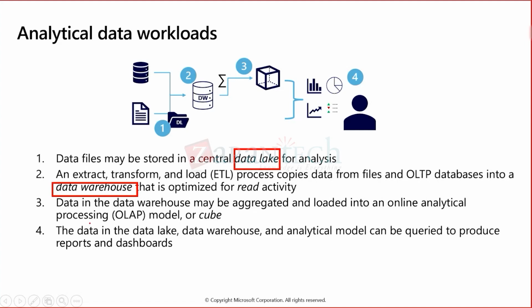Then you have the OLAP model, online analytical processing. Online analytical processing is an aggregated type of data storage that is optimized for analytical workload, and data is imported and aggregated so that aggregations of numeric facts can be pre-calculated across dimensions. And the aggregation will typically occur at different levels, which allows you to drill down or up.